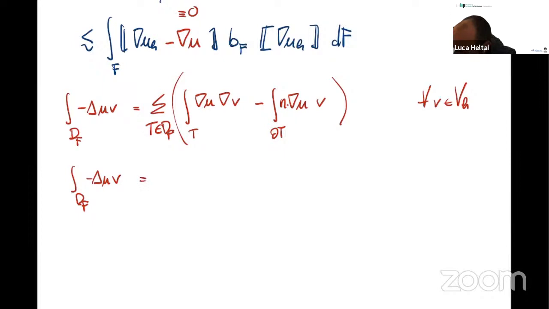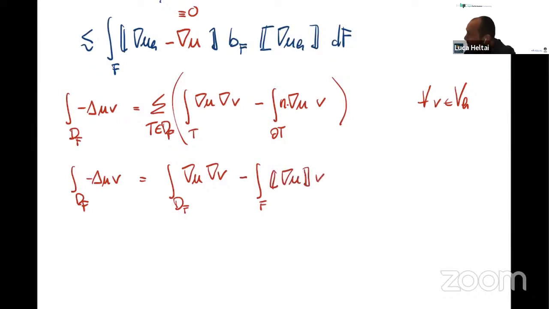Then this, which is written on the right, is going to be written as the integral on the full df of gradient of u gradient of v, plus the integral on the face, actually minus the integral on the face of the jump of the gradient of u times v, minus the integral on the boundary of df of n gradient of u v.